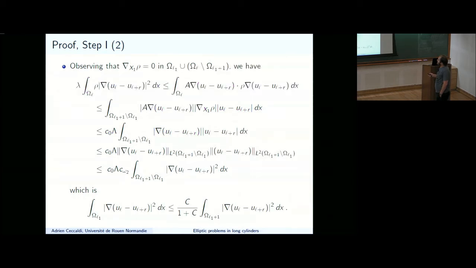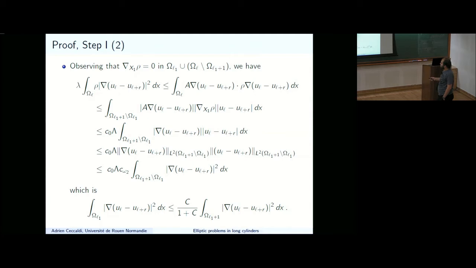And then making this observation, because outside it is either 0 or 1, so the gradient is 0, we have that this one is greater than that, using the property of A. So it's equal to A gradient of that times gradient x1 rho times UL minus UL plus R. So we jump to that because outside of this part, this is 0.